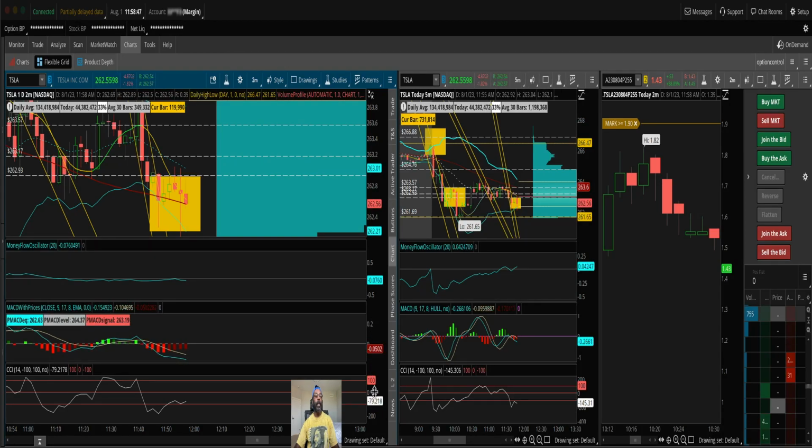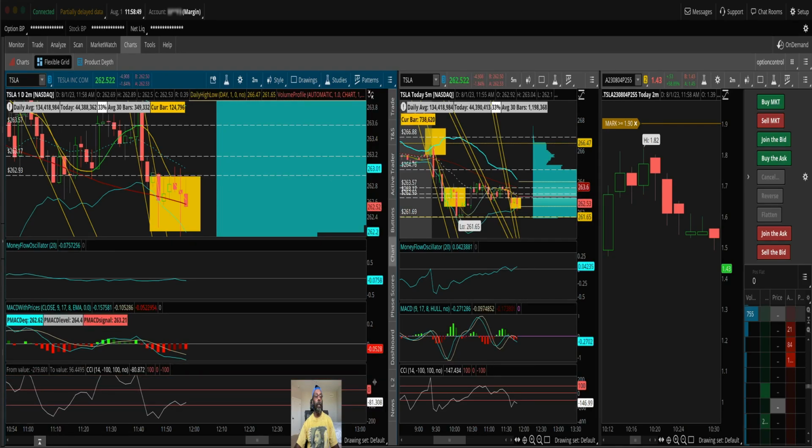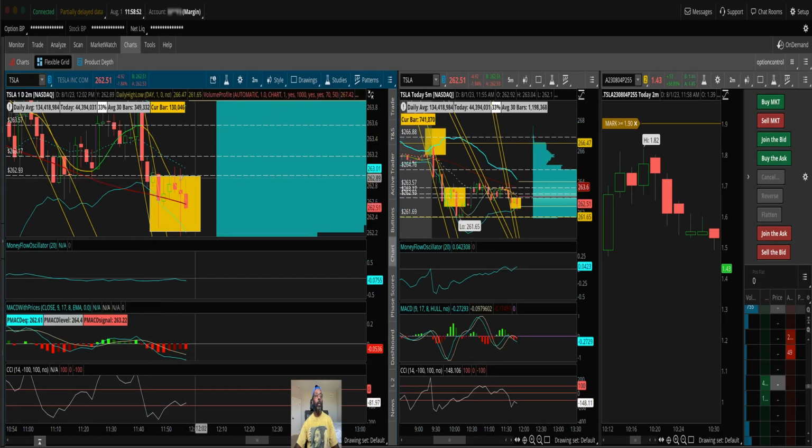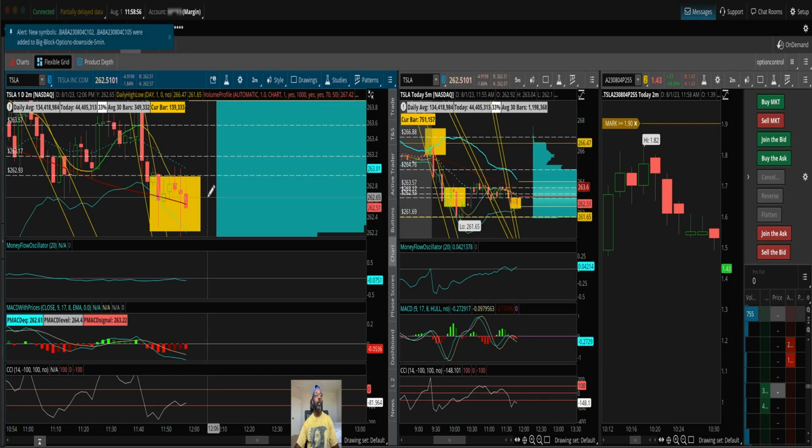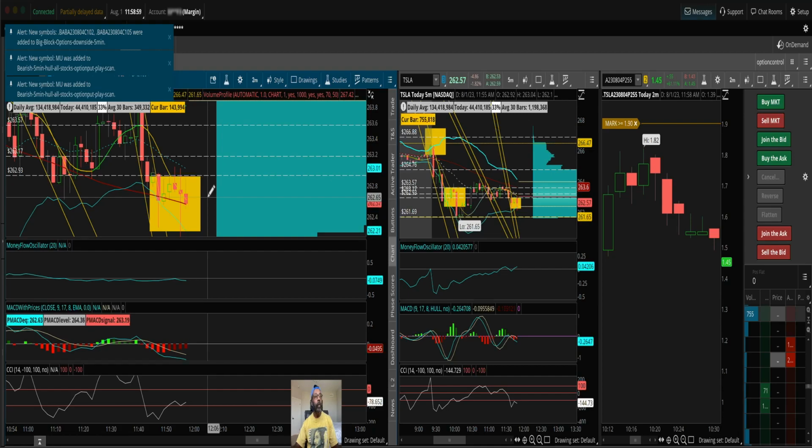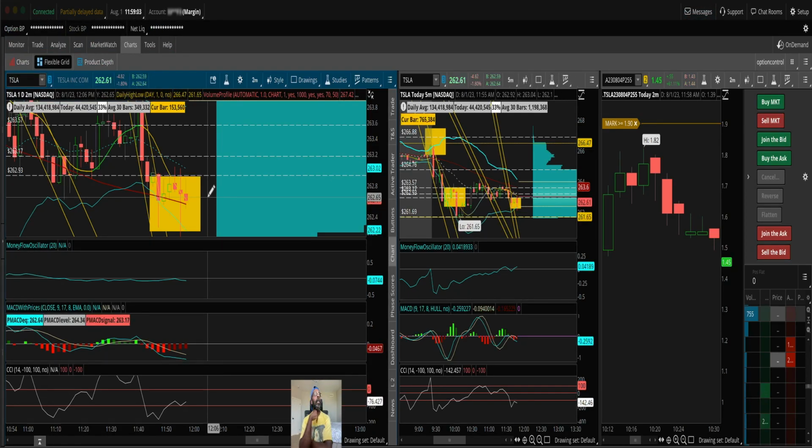Volatility is definitely being sucked out of the marketplace today. Low vol, but this is what the algorithms are doing. I'm just gonna sit in this trade.